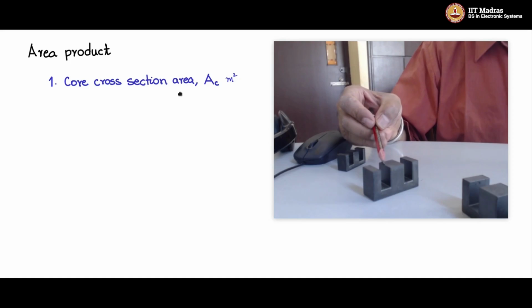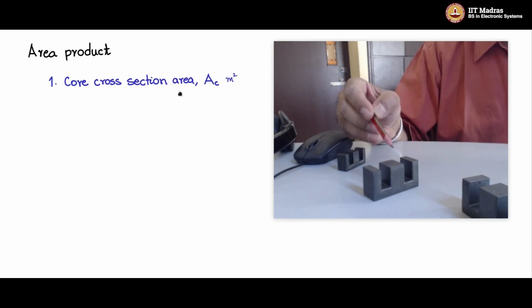You see this part here, the central one, this is the E core. You have seen this E core, I have shown it to you before. On the extreme sides there are thin limbs, and the central arm is the thicker one. So this area here, which I am showing with a pencil, is the core cross section area, and perpendicular to that, orthogonal to that, there will be flux flow.